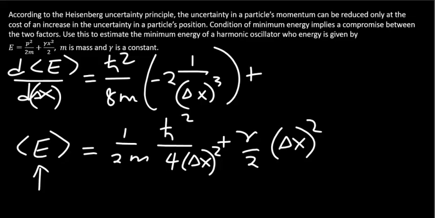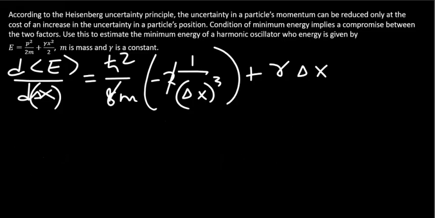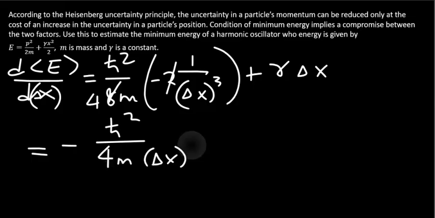Now the second term, that's easy. That's going to give you gamma delta x. So that will cancel that to give you a 4. Basically what you have is minus h bar squared over 4m delta x power 3 plus gamma delta x.